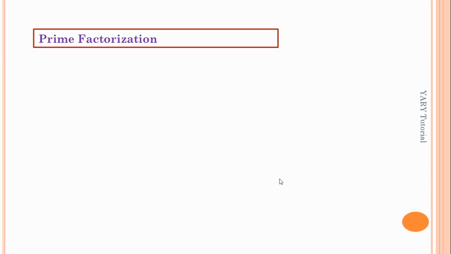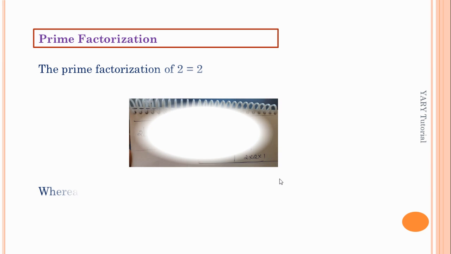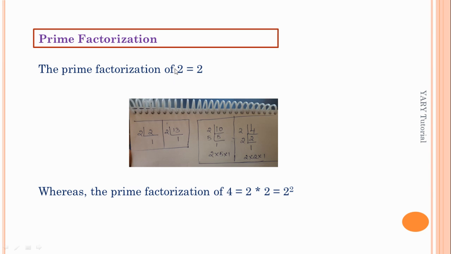What is a prime factorization? The prime factorization of 2: here you will be doing LCM and finding the prime factorization. 2 ones are 2.